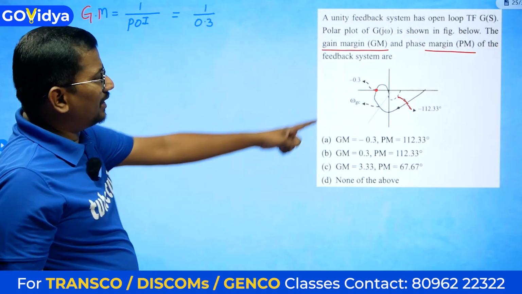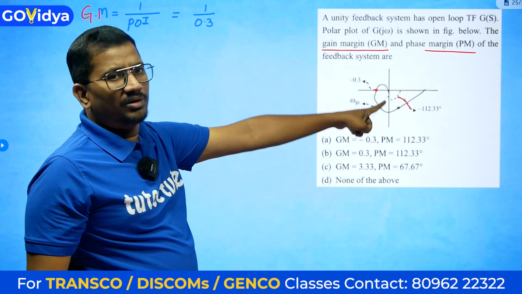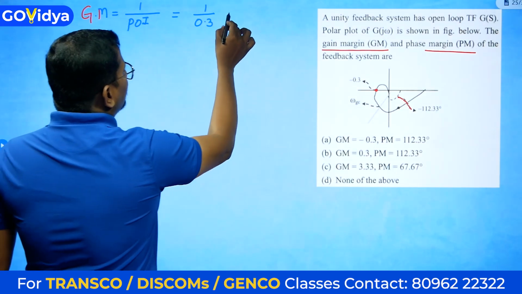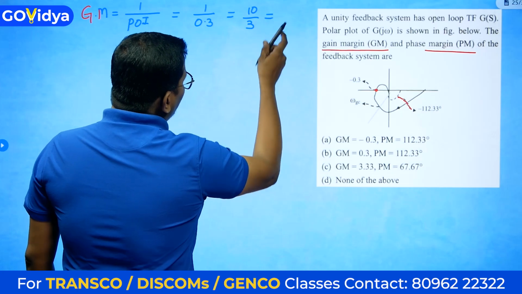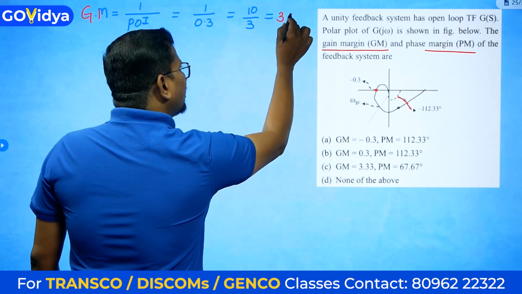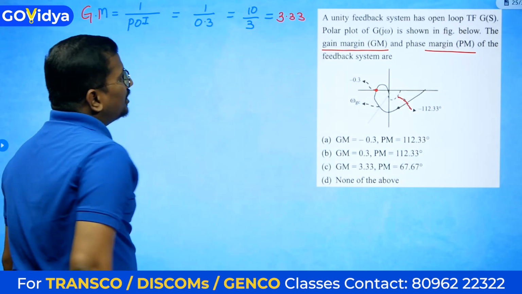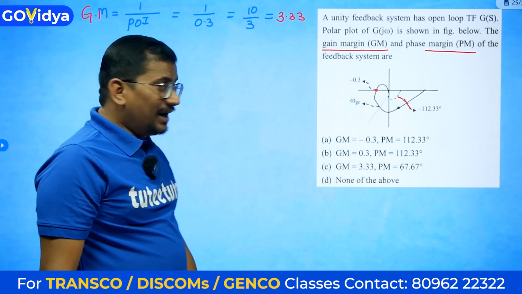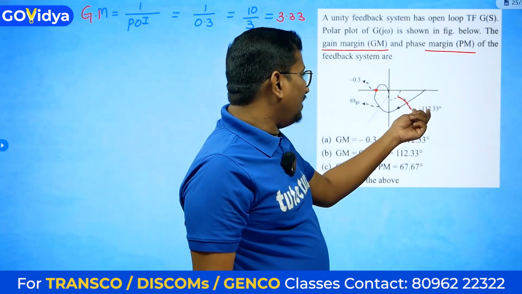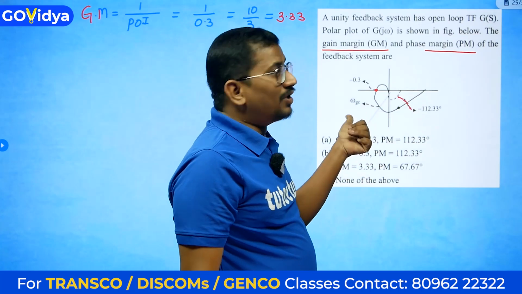So simple. Can I write it as 10 by 3? 10 by 3 means how much? 3.33. Clear enough?